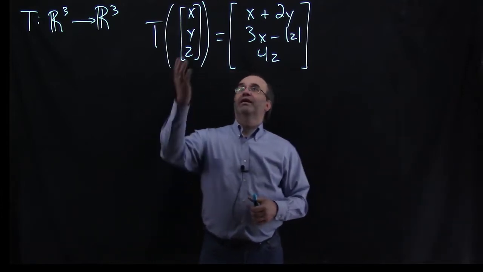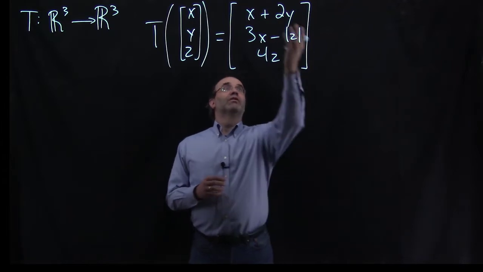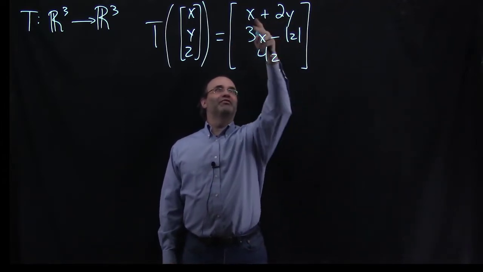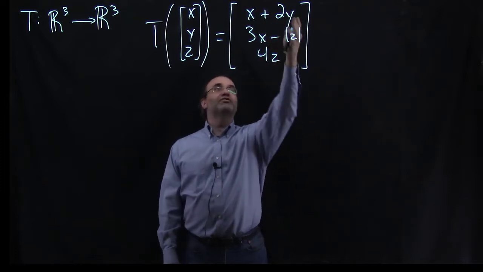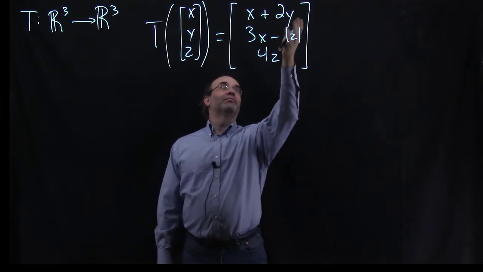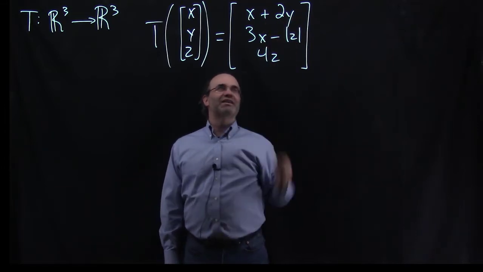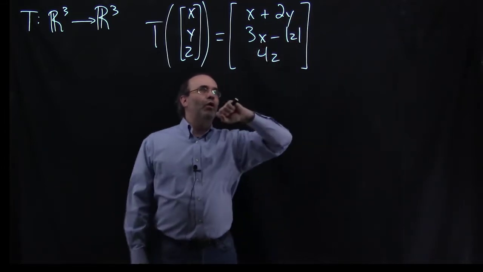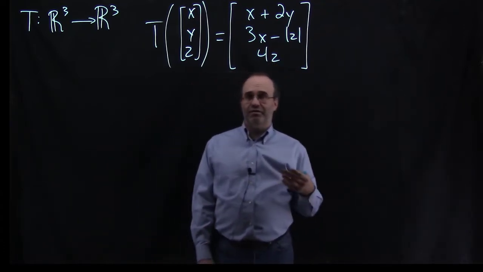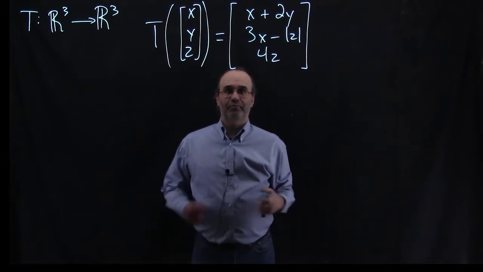If we look here, on the first and third components, we have just addition of numbers and scalar multiplication. You can multiply these variables by some scalar. But in the second component, we have this absolute value, and absolute value of z is not something linear.